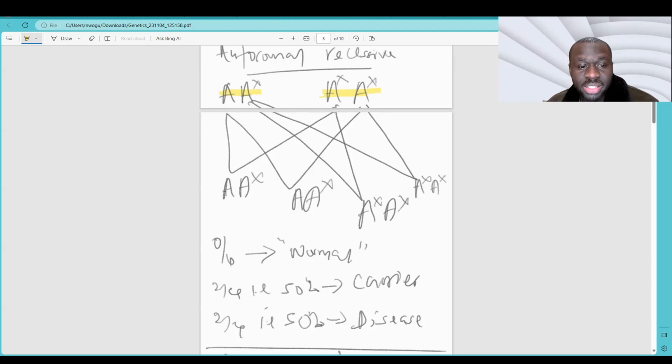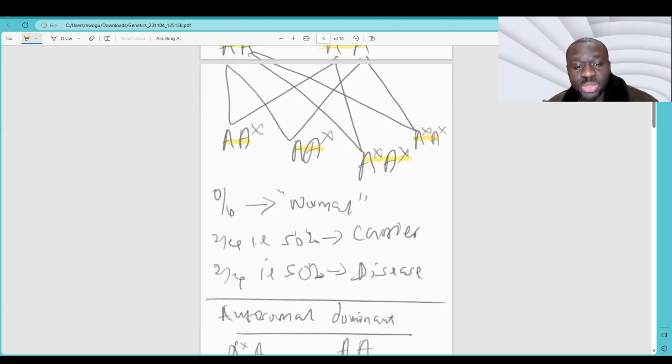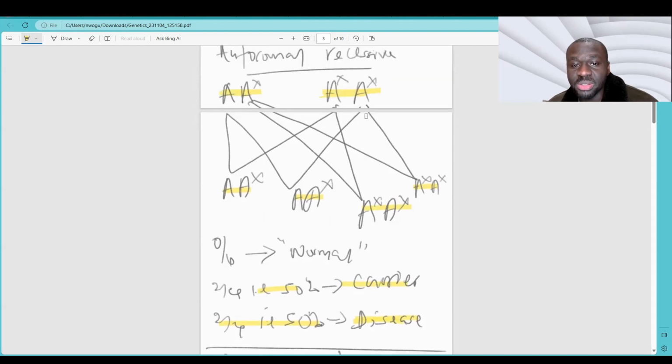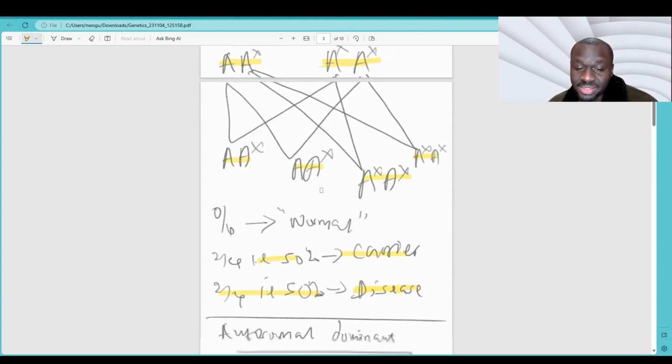When you do the Mendelian cross-match, this is a carrier, this is cystic fibrosis. There's a 2 in 4, which is 50% chance that the child in every pregnancy will be a carrier. And in every pregnancy, there's a 50% chance again that the child is going to have the cystic fibrosis disease or condition, because here they'll be homozygous. There's a 50% chance of having the homozygous state. Here it's heterozygous. So it still boils down to the genetic makeup of the partner.